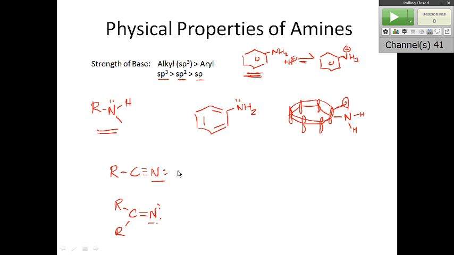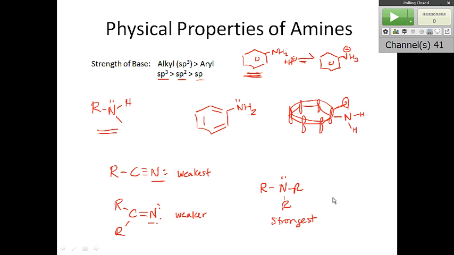So this is the weakest, and then this is weaker. And if you just have an sp3 nitrogen, that's the strongest in that set. So it has to do with the availability and the s character of where the lone pair is. A lone pair in an sp3 orbital is more likely to take on a proton than sp2 or sp. Those are the empirical trends that we find.